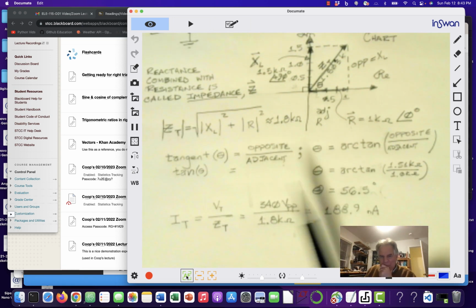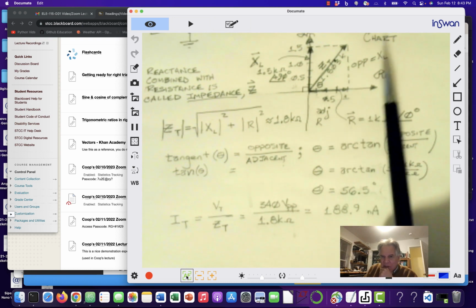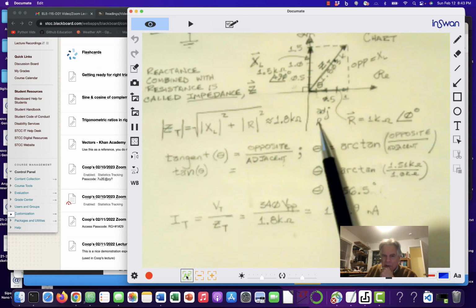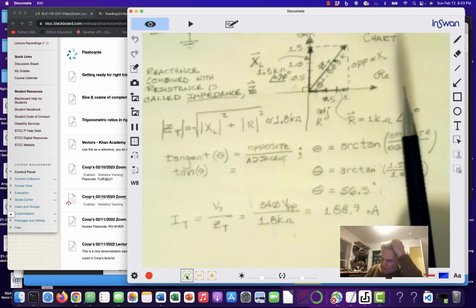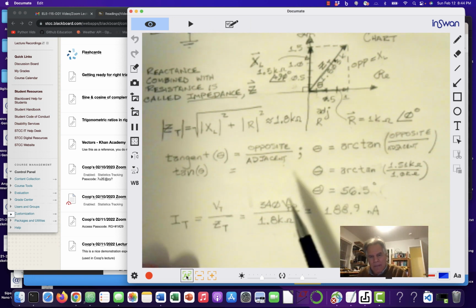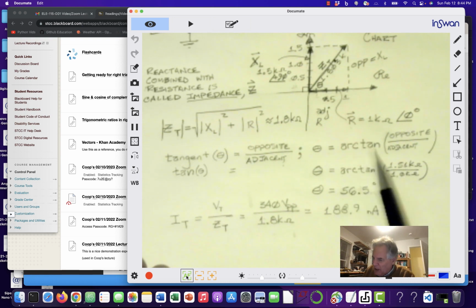So I don't want the tangent. I got the tangent because I know XL and I know R. I want this angle. So remember that some of these functions have inverses, and they'll call them, say, arctan. Okay?